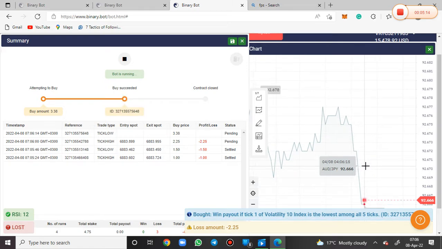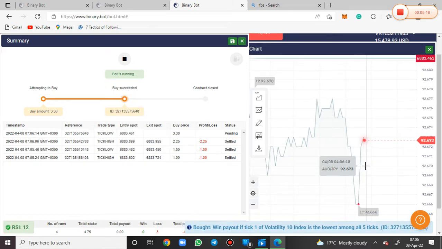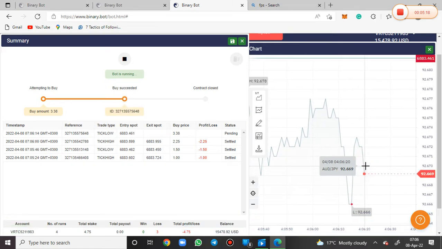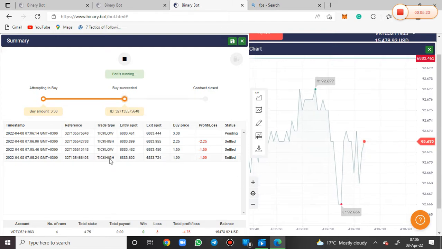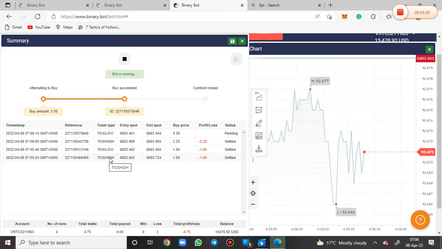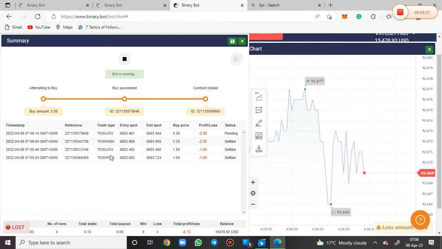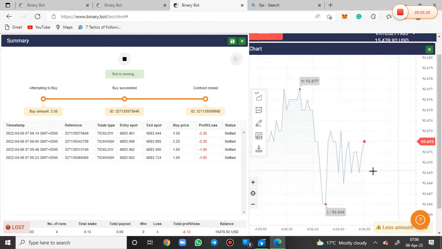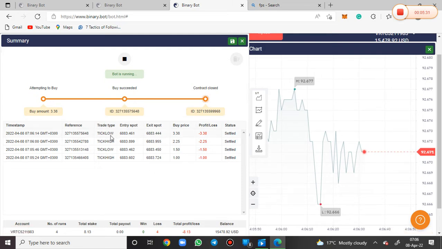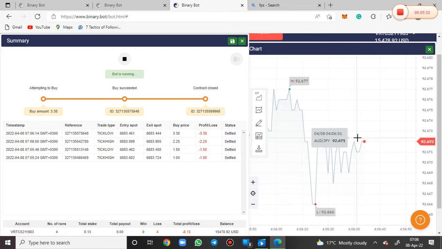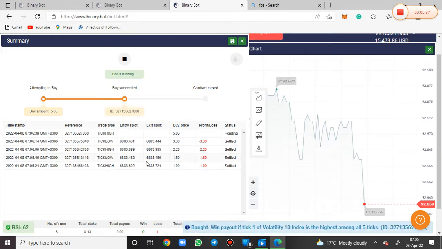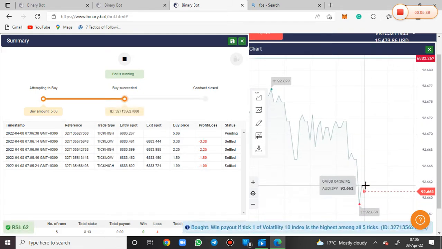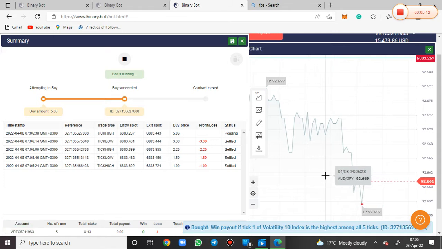And you can see it's making successive losses after loss. This is just for illustration purposes. The bot is buying high, low, depending on the direction of this. Now, when it says tick low, the direction should be going up. When it says tick high, the direction should be going down. So this is tick high, direction should be going low.